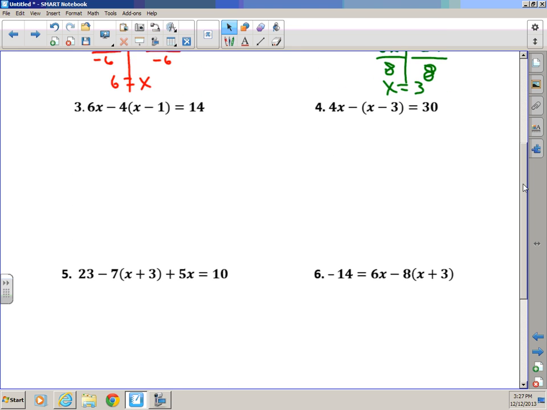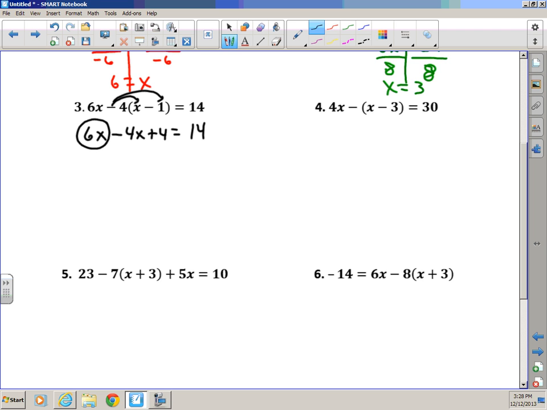Continuing on, we're going to be building throughout these problems. I am distributing a negative 4, so I get 6x minus 4x plus 4 equals 14. Now you're going to see that we have our like terms on the same side. What are our like terms? 6x and negative 4x.